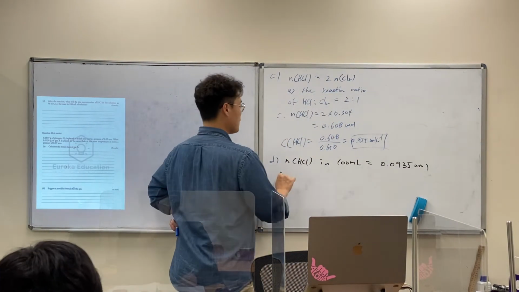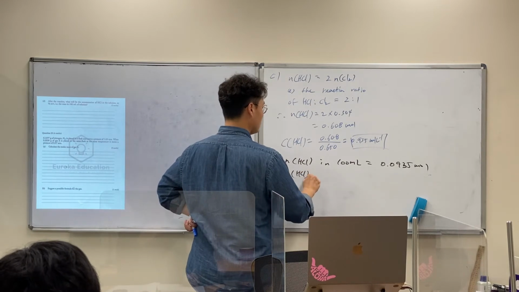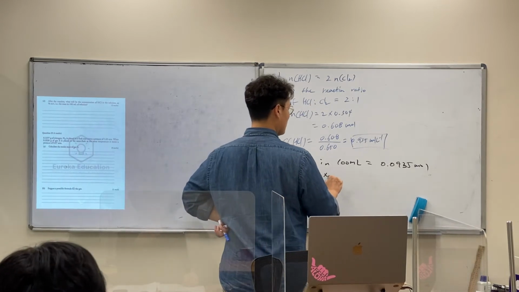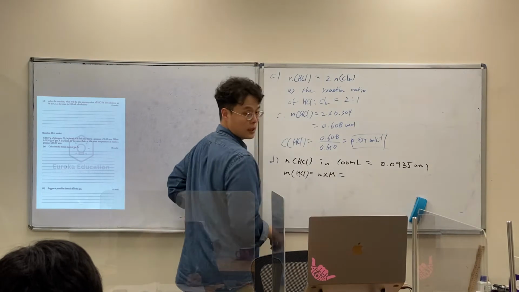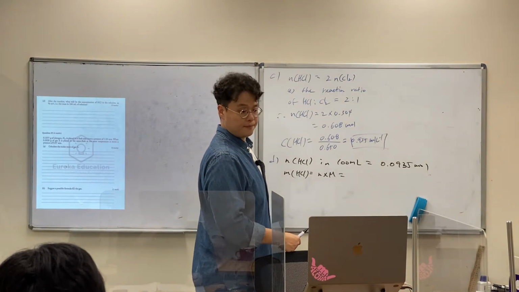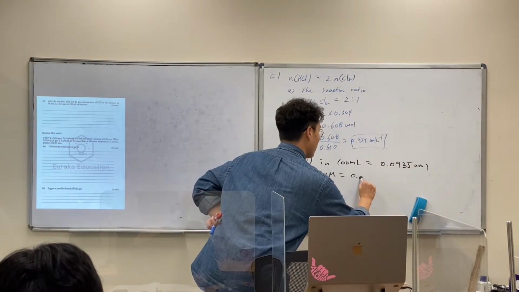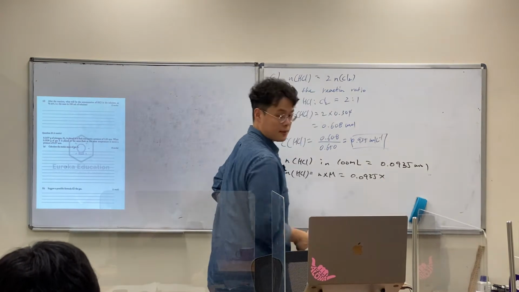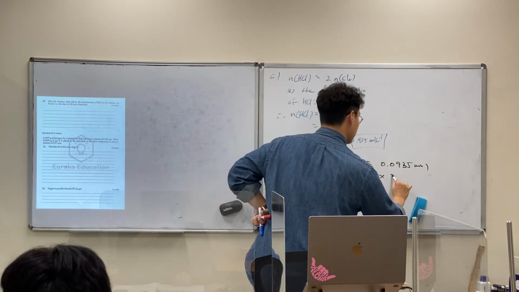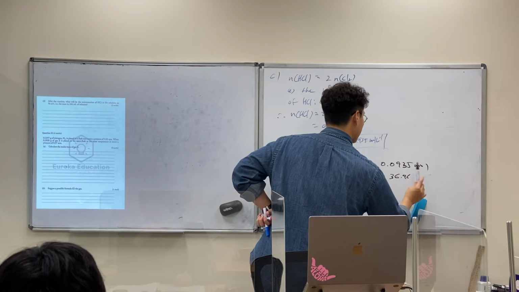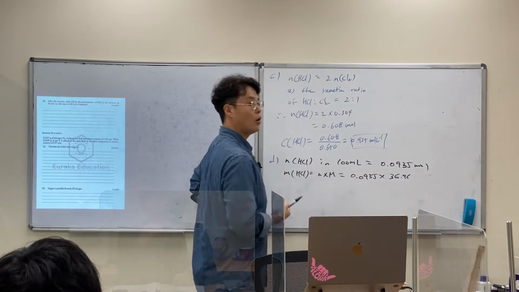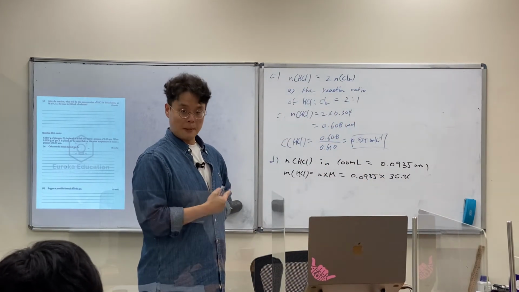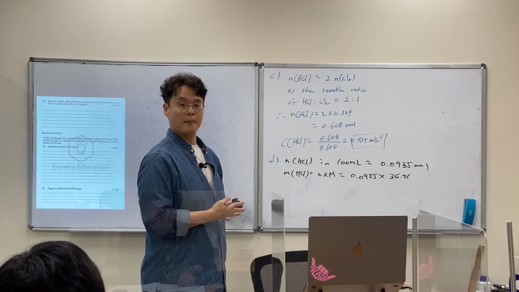From here, we can find the mass of the HCl by using n equals m over M, so m equals n times the molar mass. That's 0.0935 times 36.46. By the way, the working out and writing on my board is all required. It is a sample answer, which means that this is the minimum.